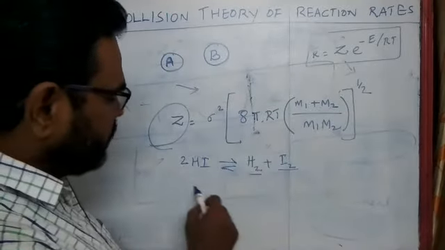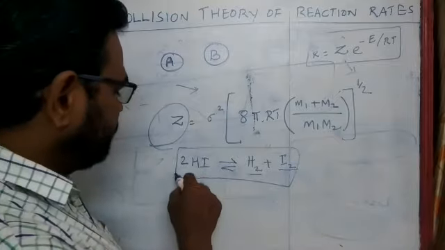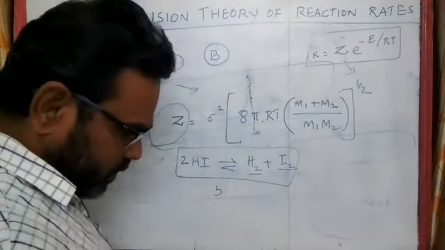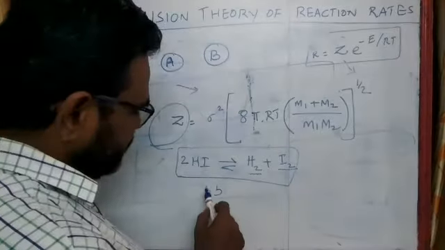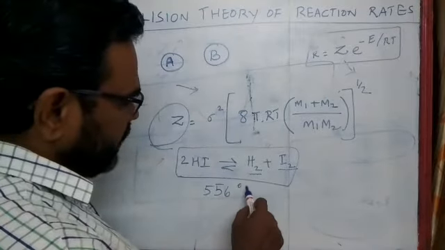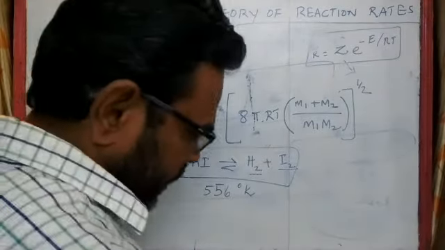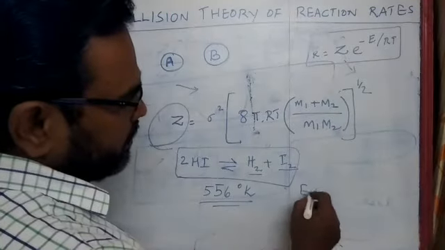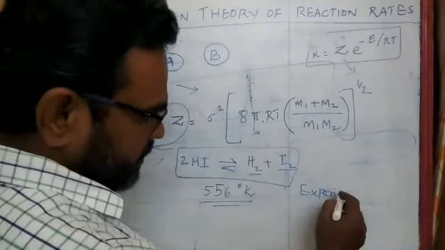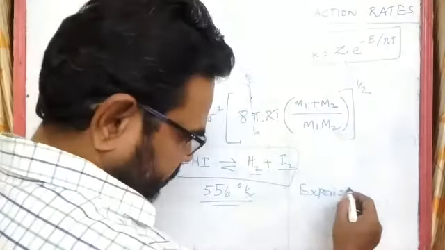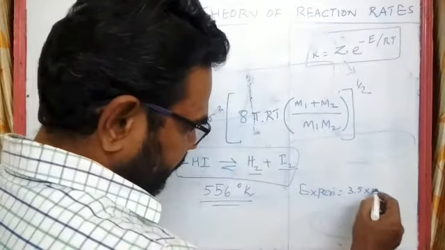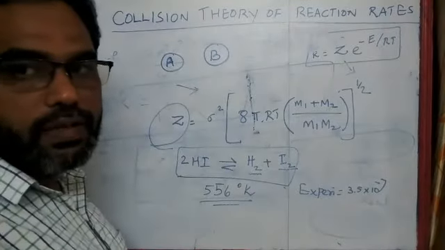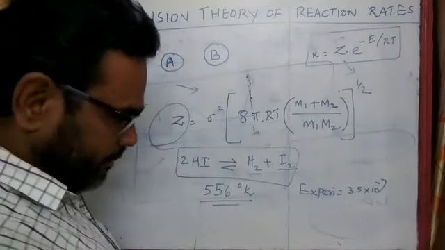For this reaction, when it is carried out at 556 Kelvin, the experimental reaction rate is 3.5 into 10 power minus 7 moles per liter per second.